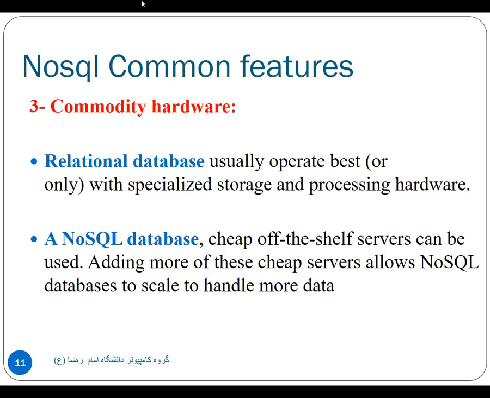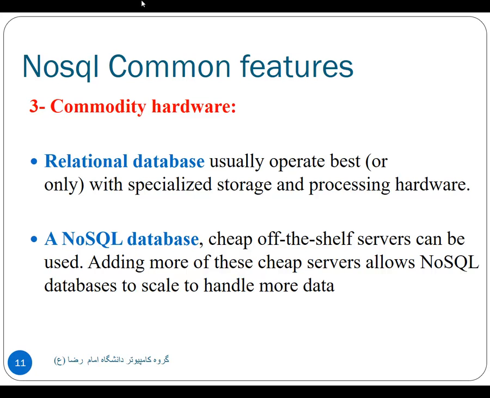And the third feature is commodity hardware. Commodity hardware means that we can use very simple hardware in the NoSQL database. In the relational database, usually when we want to scale the database and we need more hardware, the hardware is specialized and very expensive. But in the NoSQL database, cheap off-the-shelf servers can be used. We can use some servers that can't be used anymore for other purposes, and they are commodity servers, but they can be used for the NoSQL database.